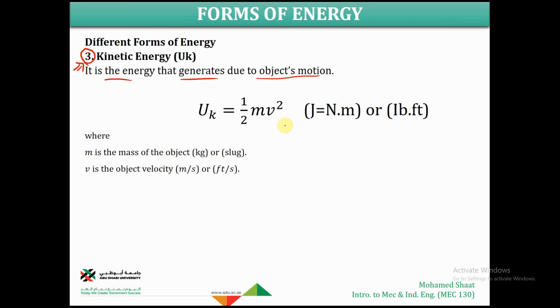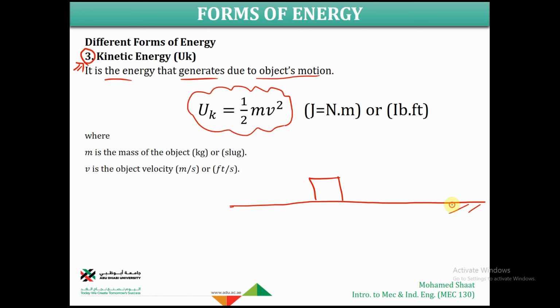This kinetic energy equals 1/2 times mass times v squared, as long as the object moves or exhibits a type of motion known as translational motion, like it translates along a certain direction as a linear motion. For example, if you have a box sitting on the ground, and assume that this is position 1.